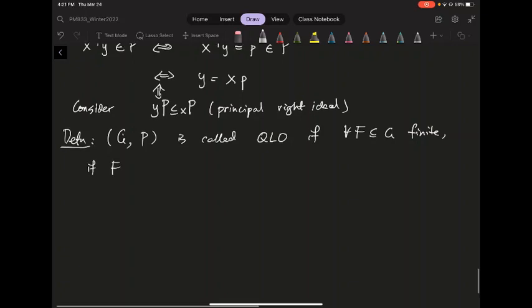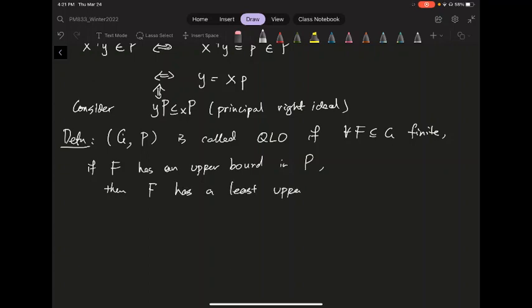If f has an upper bound inside P, then it has a least upper bound. This is denoted using the lattice notation, the join of f. So this is essentially putting some kind of lattice structure.